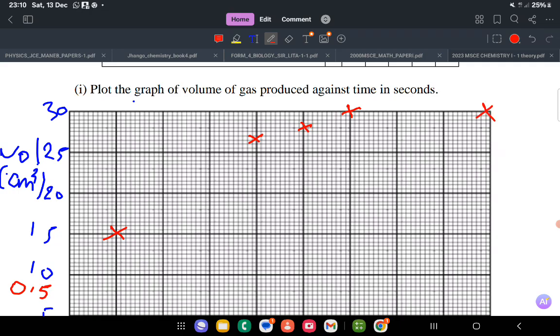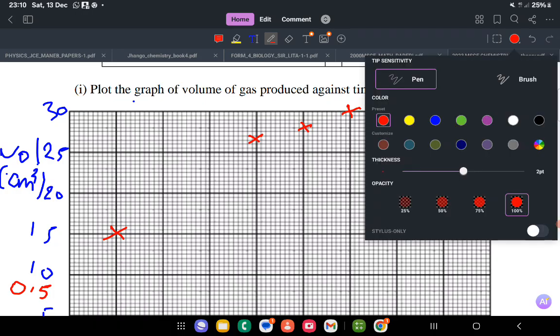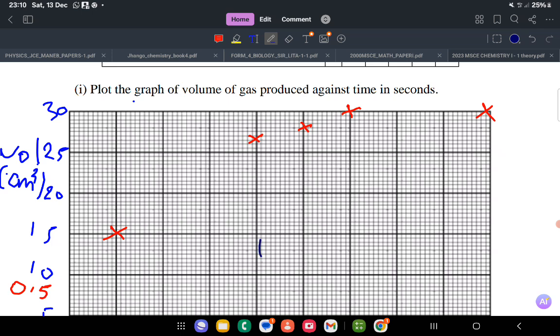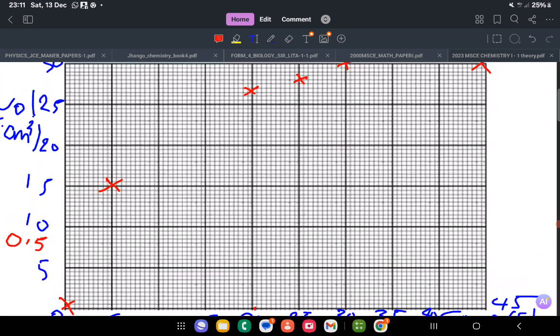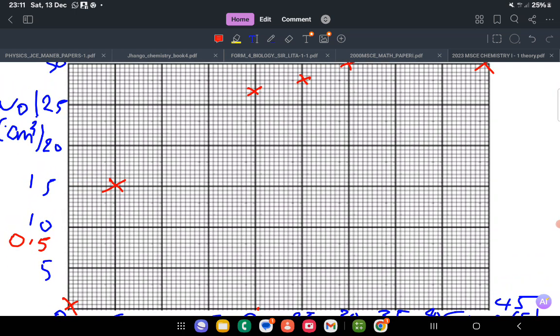Okay, somewhere there. Then next we draw in a curve of best fit, joining the points. So all you need to do is join the points neatly, using a line. So we just have to draw a curve.